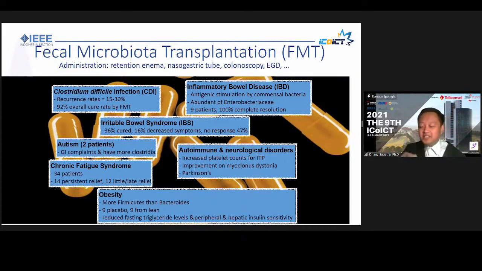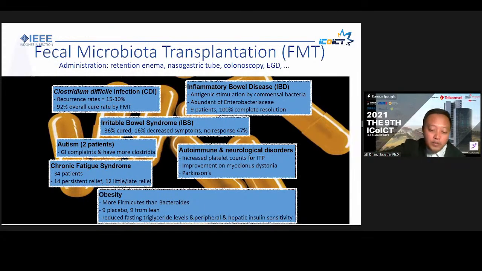Even obesity, this is what interests me a lot. There has been some example where these obese people, these fat people, they don't eat a lot, but they are still obese. It's because their gut intestine bacteria is already full of firmicutes. There has been an experiment on mice.